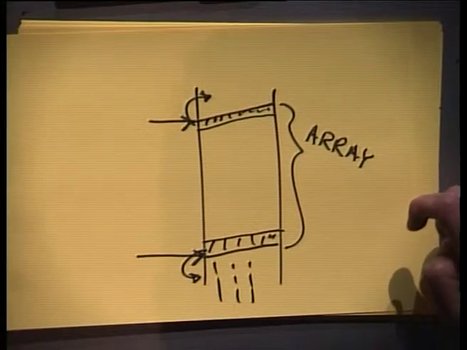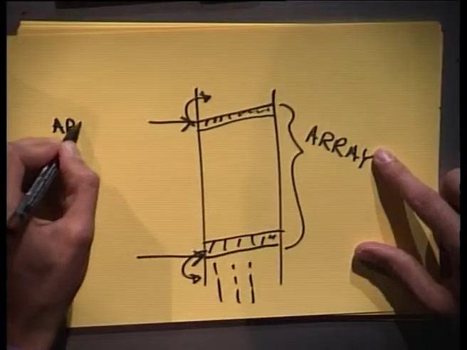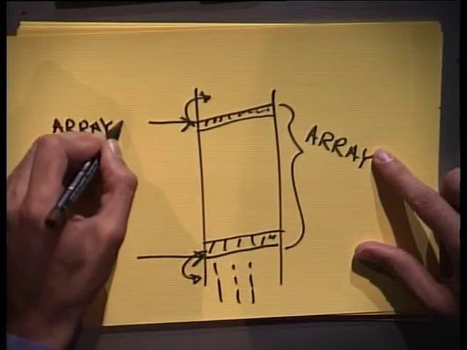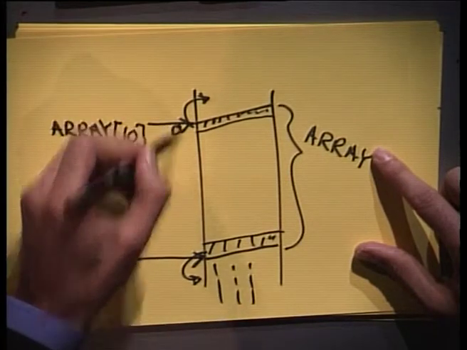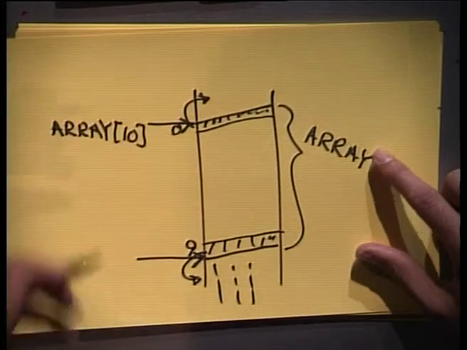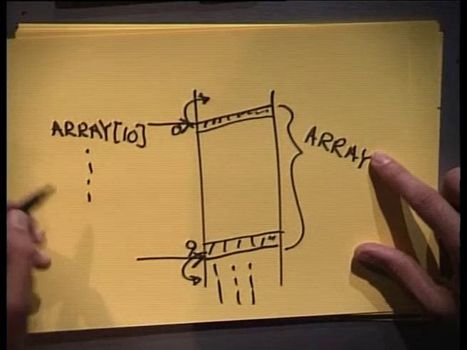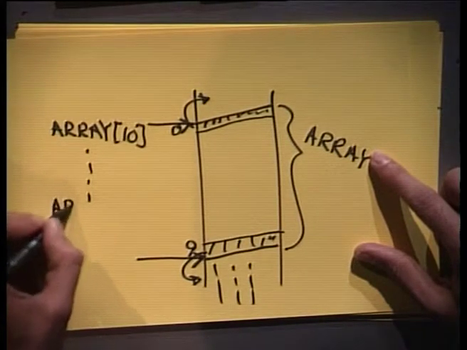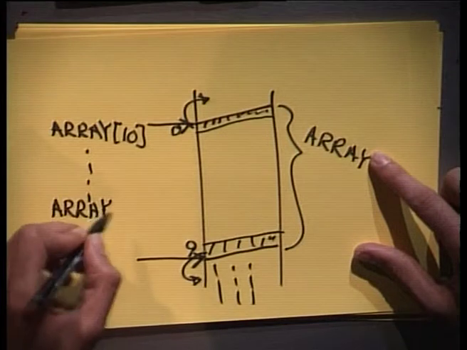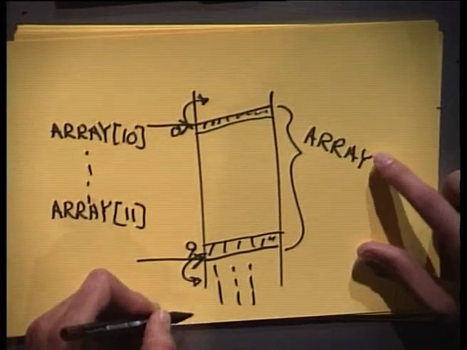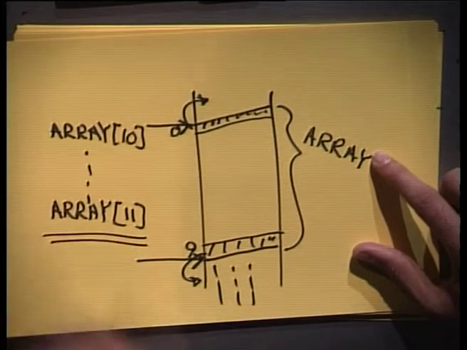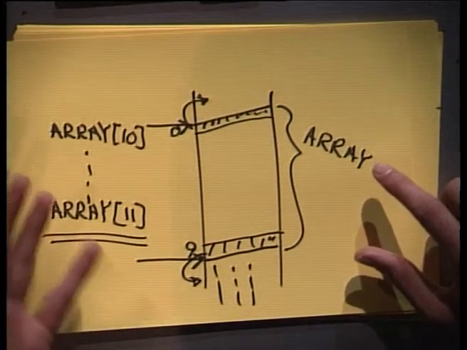So if for any reason your array was of size, let's say, array of 10, then the indices you're going to have are from 0 to 9. Now, in the middle of your program, if you attempt to say something like array of 11 or of 10 or whatever after that, then you're going to a space outside the scope of your array.